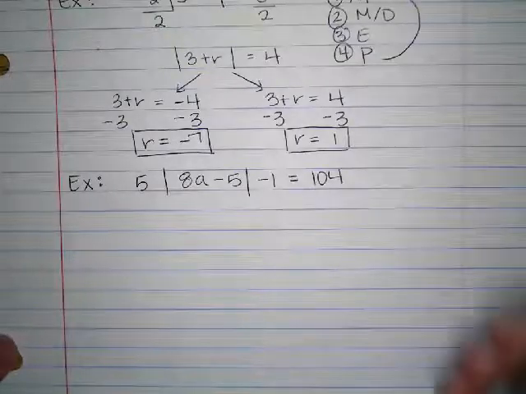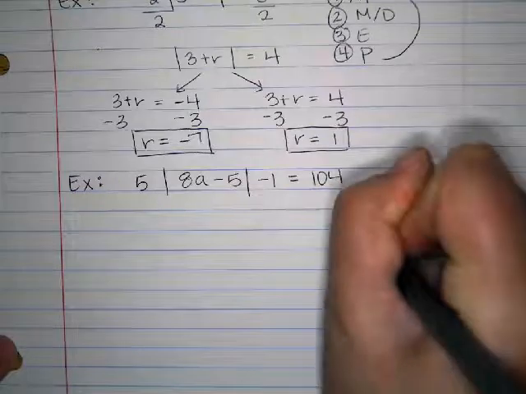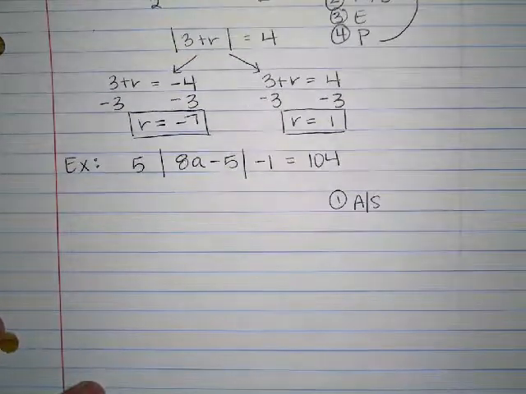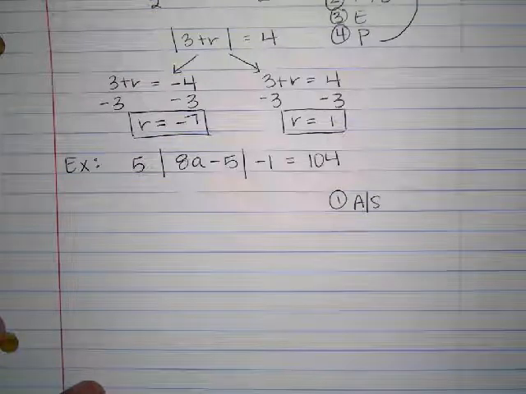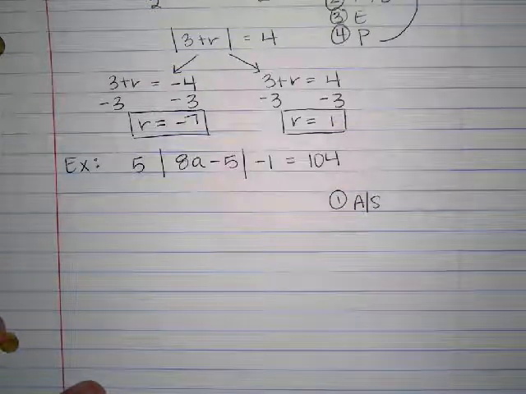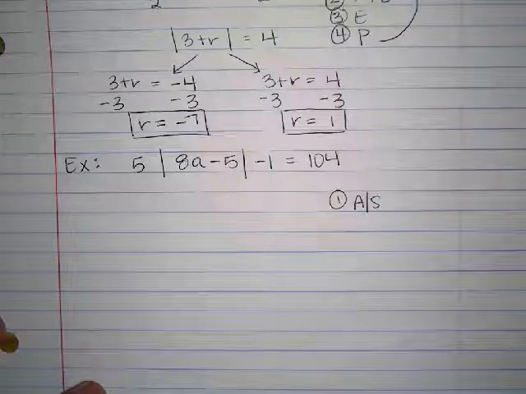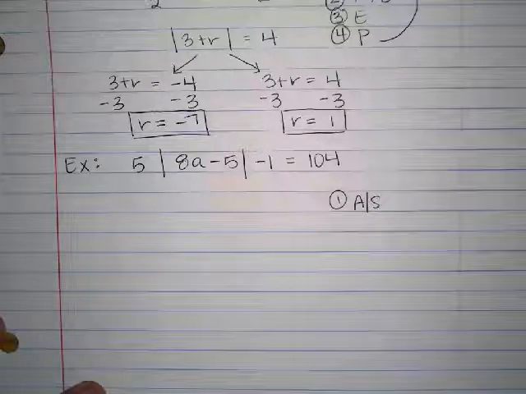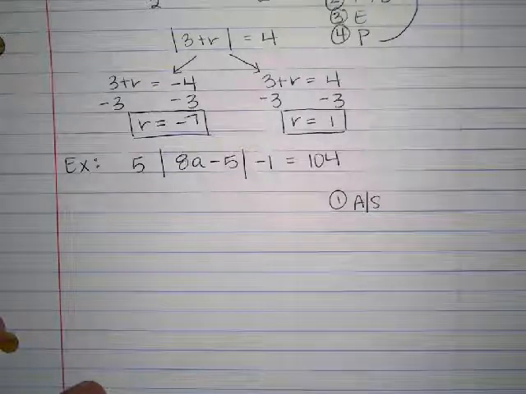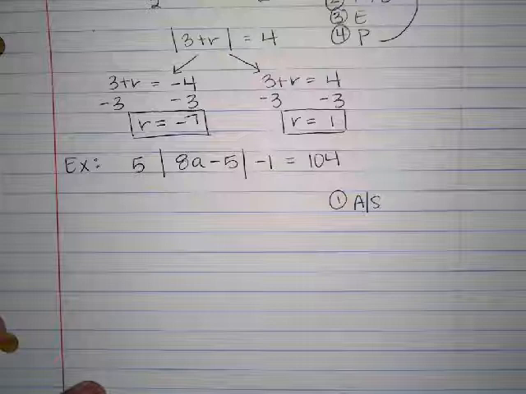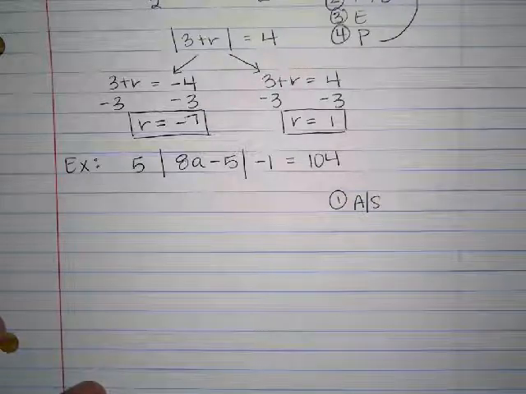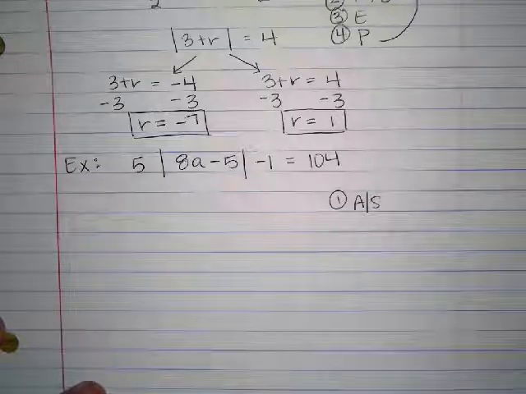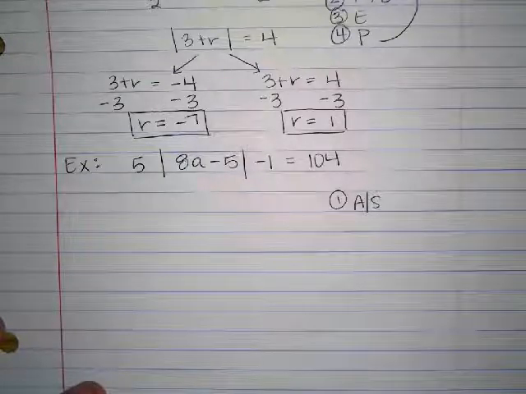So first step, we see, is there anything we could add or subtract to the other side? I see 2 numbers, but only one I can get to. One of them's protected. Is there anything I could add or subtract to the other side?